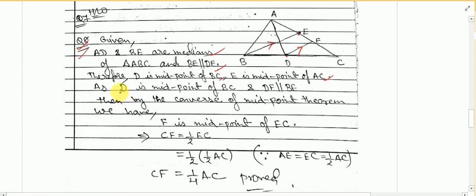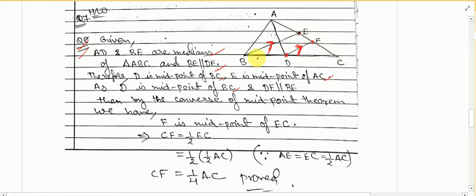Now as D is the midpoint of BC, and also this DF is parallel to BE, so by converse of the midpoint theorem, this F will be midpoint of EC.